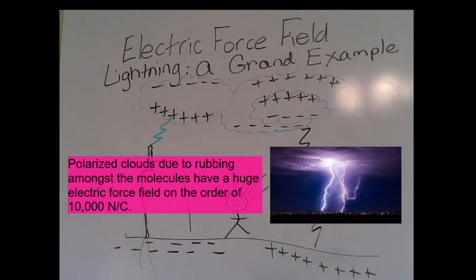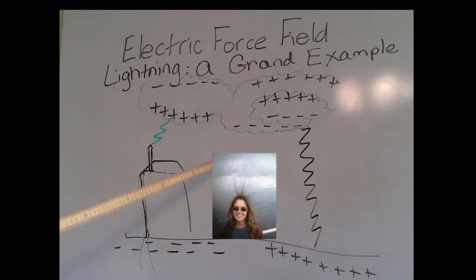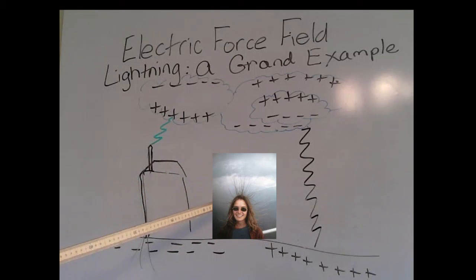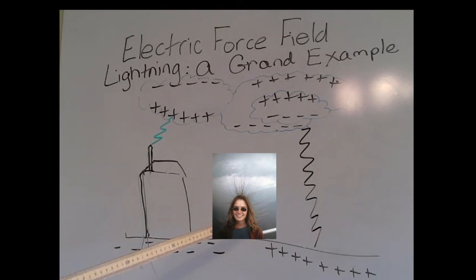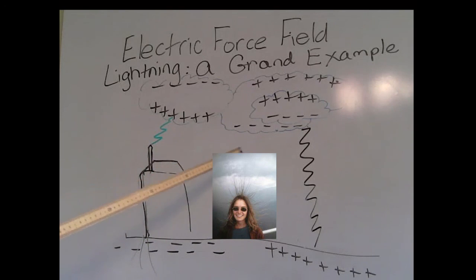A polarized cloud has a charge separation grand enough that it will start to attract the electrons in the ground. People have had their hair raised during an electrical lightning storm, due to the fact that the person and the objects are in the space around these clouds that have set up an electric force field.